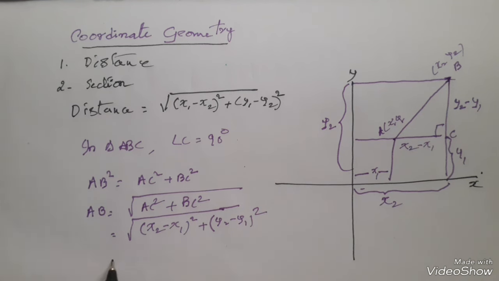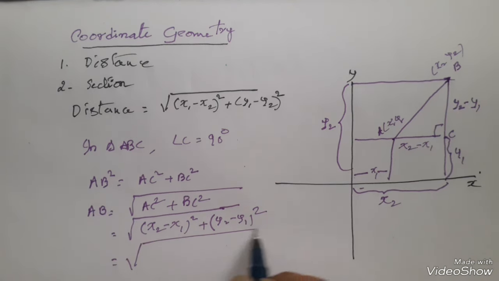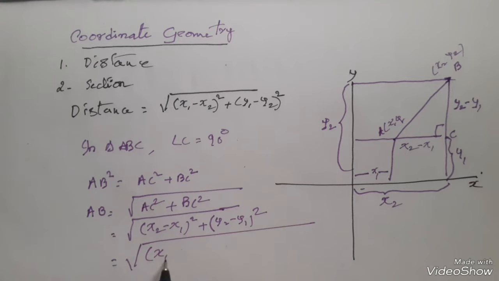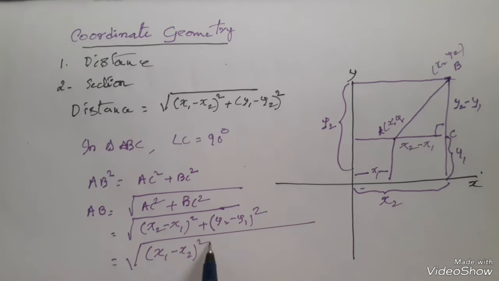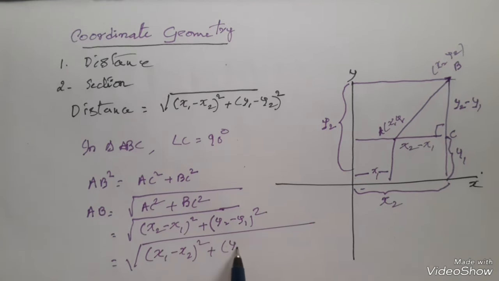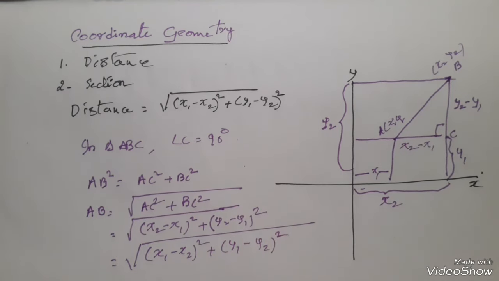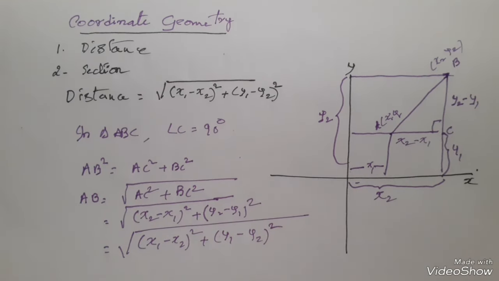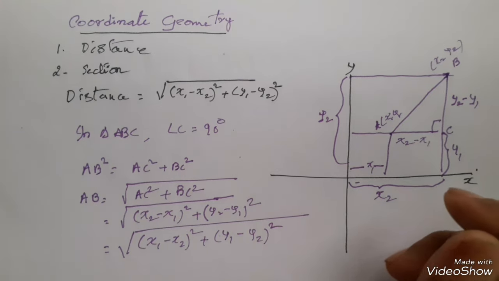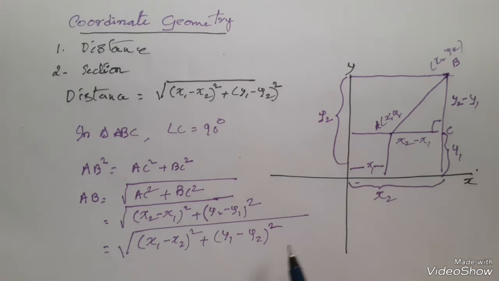Or you can also write x1 minus x2 whole square plus y1 minus y2 whole square. So when any 2 points on the plane are given, using this formula we can find the distance between the 2 points. Now let us take the problems.